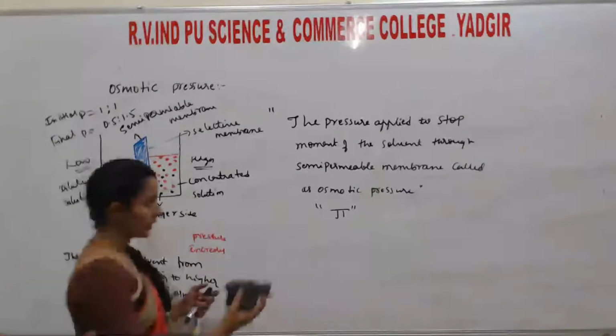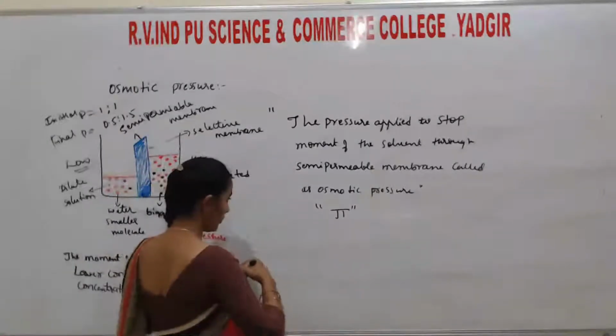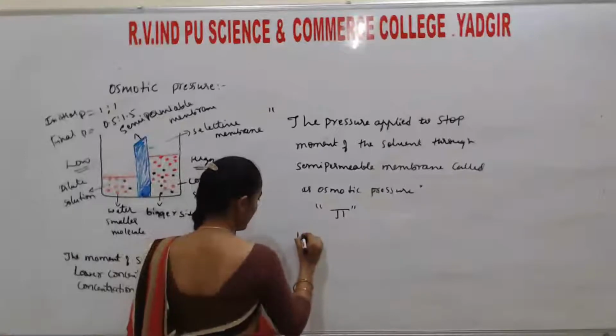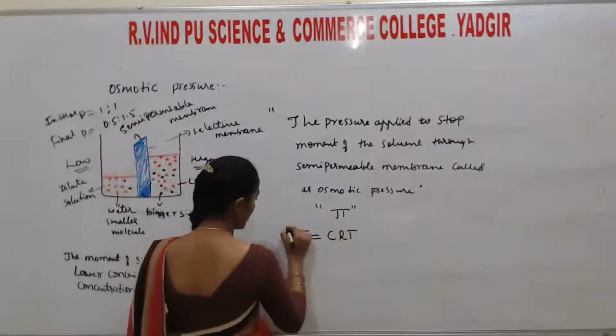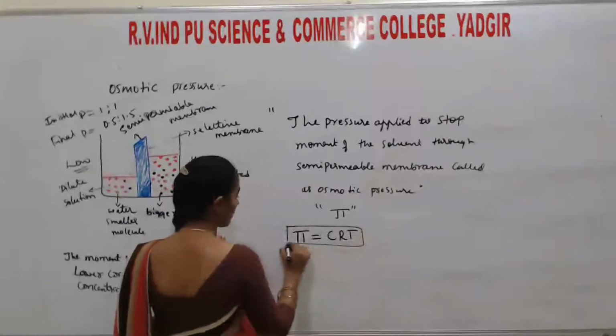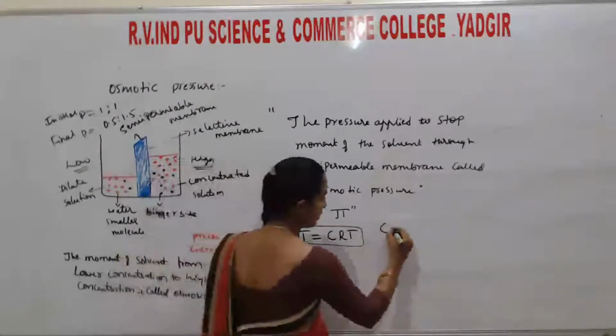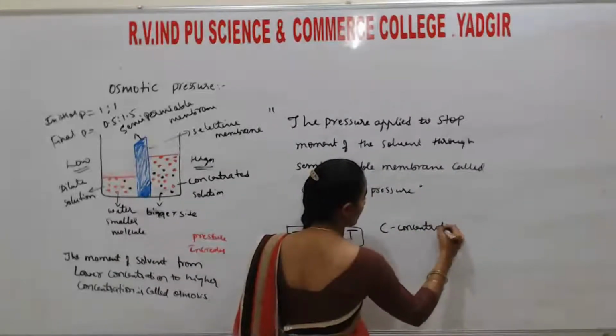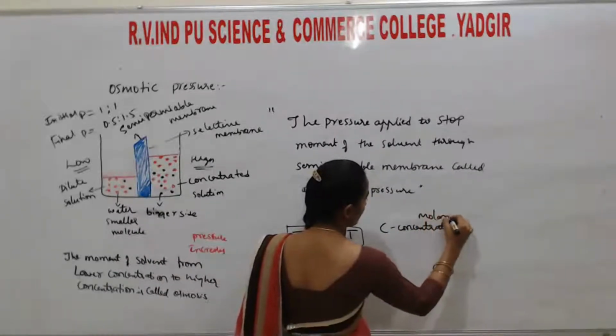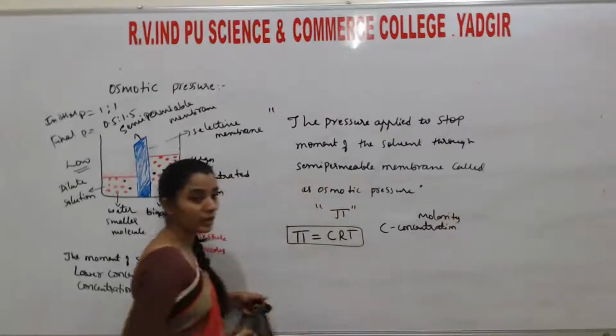So osmotic pressure is directly proportional to the molarity, C, of the solution and the temperature. For example, if you want to derive the equation further, pi is equal to CRT, the equation for the osmotic pressure. So C means what? Concentration, molarity. What is molarity?